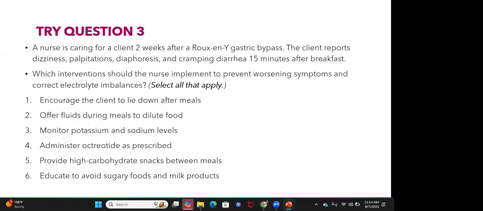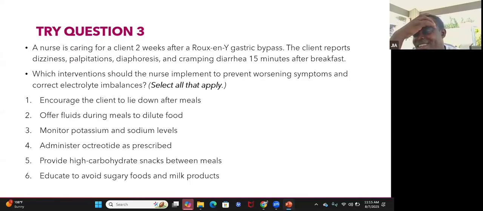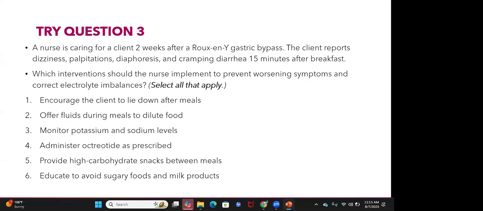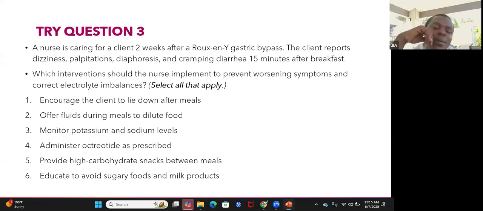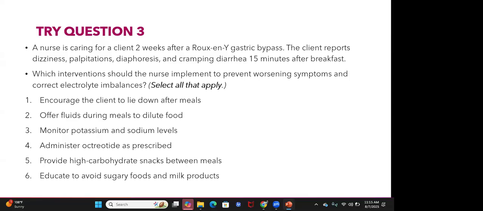A nurse is caring for a client 2 weeks after a Roux-en-Y gastric bypass.